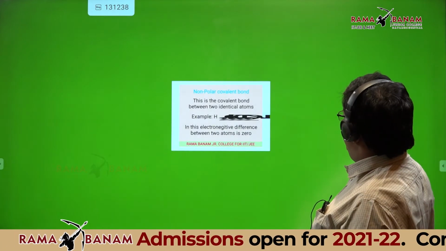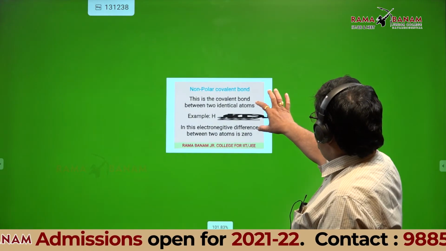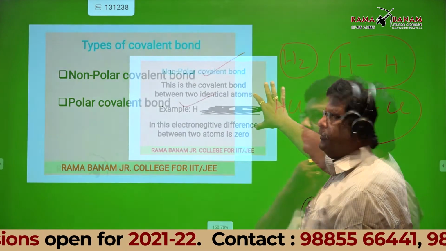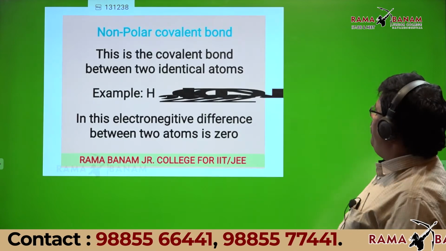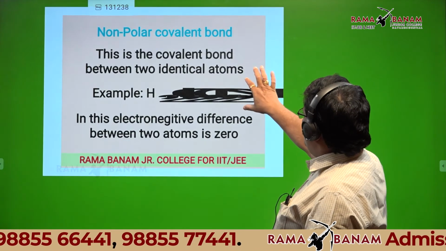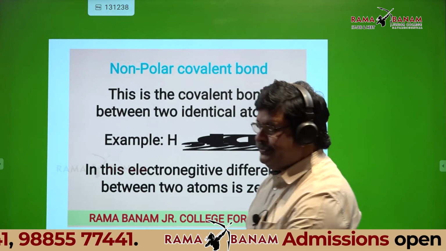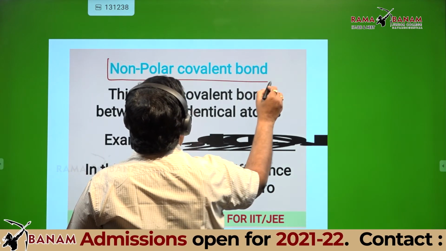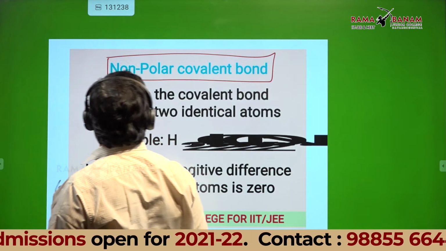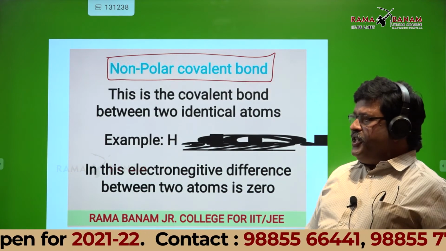Now we'll write. Now we'll discuss one by one. Non-polar covalent bond, first write this. Now first we'll discuss the non-polar covalent bond. See the definition.